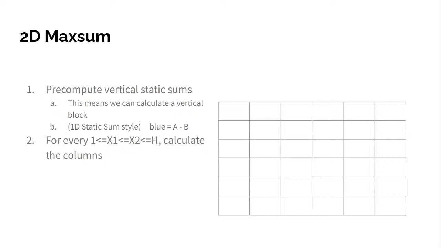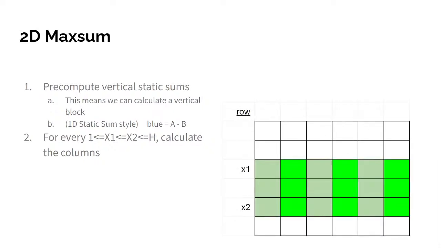Now to calculate our max sums, we take x1 and x2. So from x1 to x2, we calculate the columns.